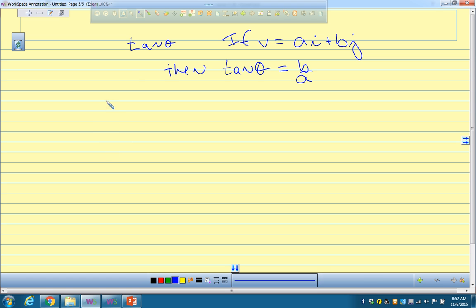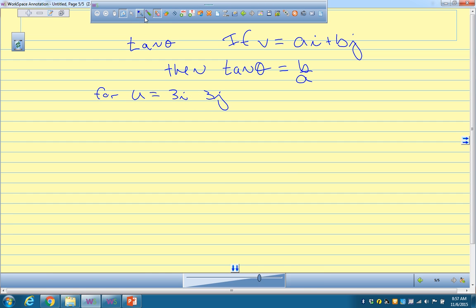But before you find theta, you have to know which quadrant you are in. Okay? So for u equals 3i plus 3j, let's do negative 3j. That'll make it more interesting. Minus 3j, find the direction angle.